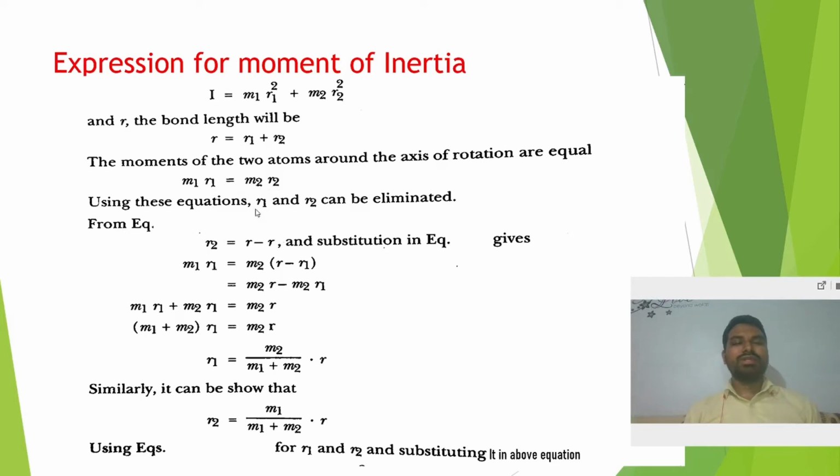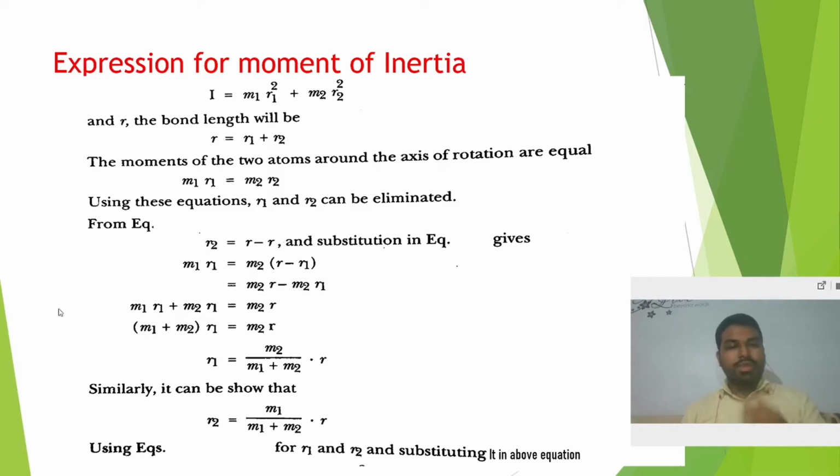Using these equations, r1 and r2 can be eliminated. From the equation, r2 will be r minus r1, and on substitution in the above equation, we will get m1 r1 is equals to m2 (r minus r1), that is m2 r minus m2 r1.